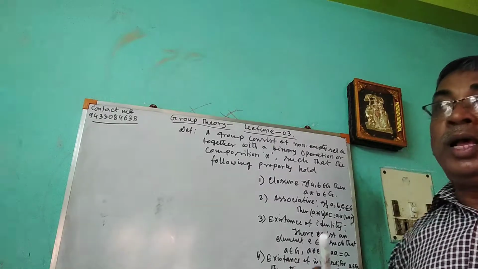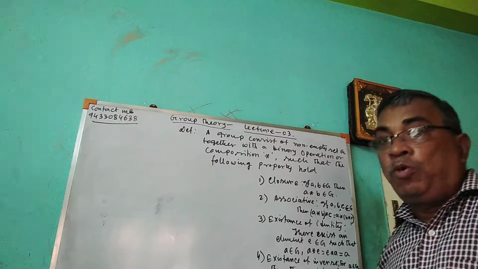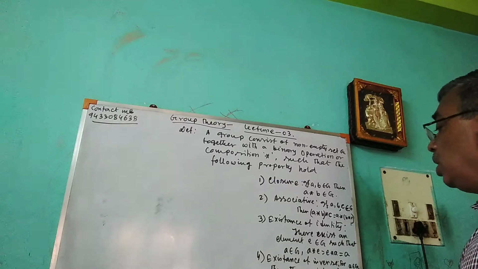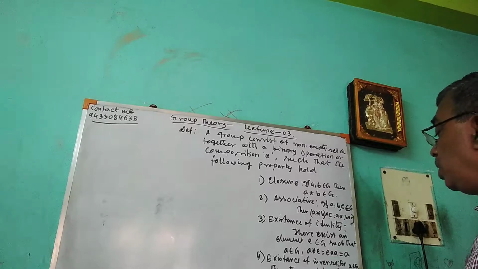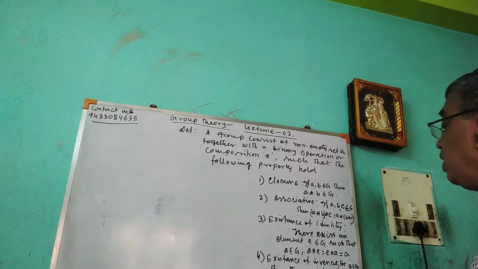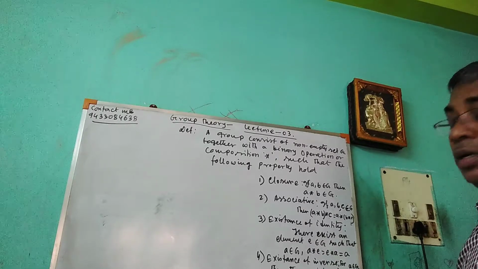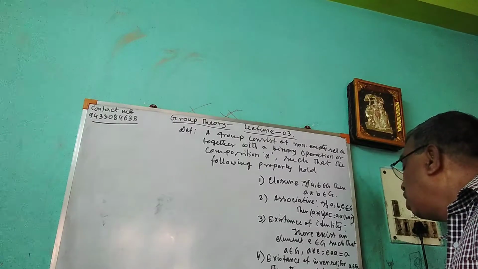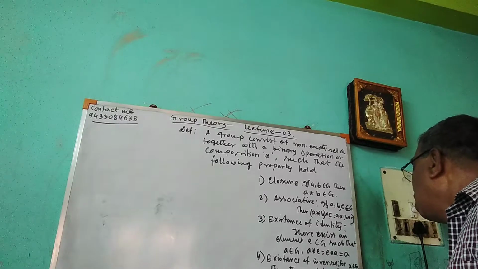If the identity element exists, then we have to prove existence of inverse. For A belongs to G, there exists A inverse belongs to G such that A composition A inverse equals A inverse composition A equals E. Be careful, E is the identity element.